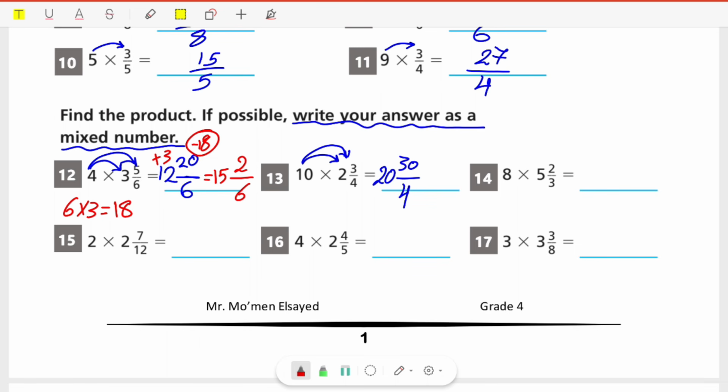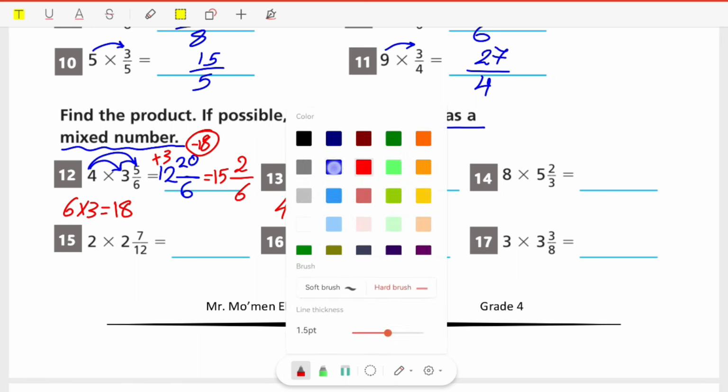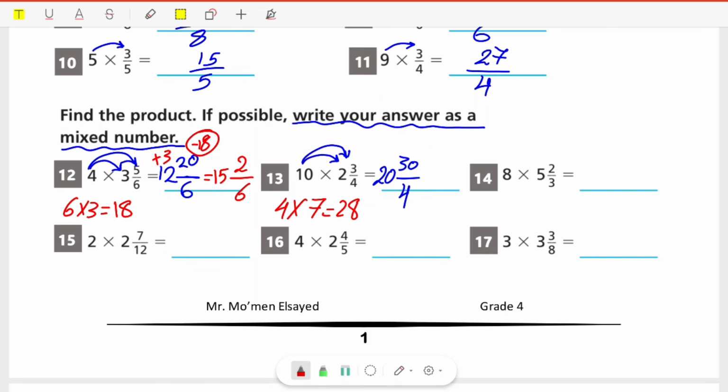So 4 times what gets us a close number to 30, and make sure that the close number you use is no more than 30. So we're gonna search for 30 or less. So it will be 4 times 7 equals 28. Now we're gonna start to convert this into a good form.